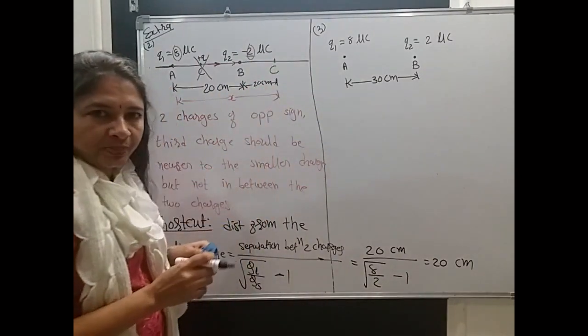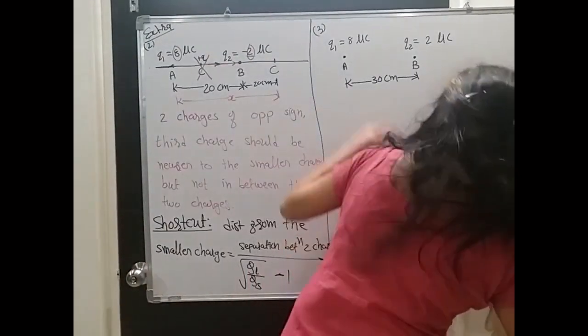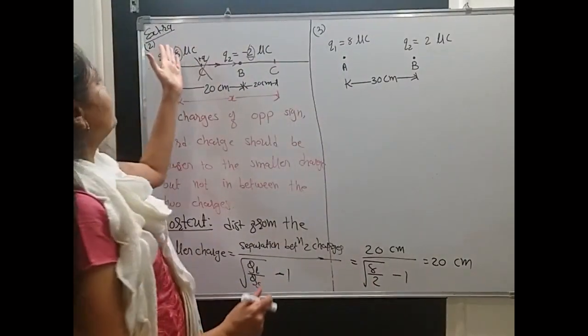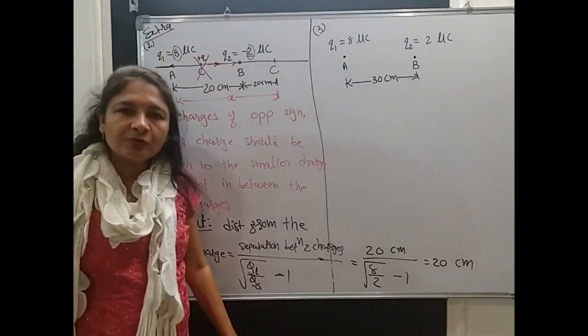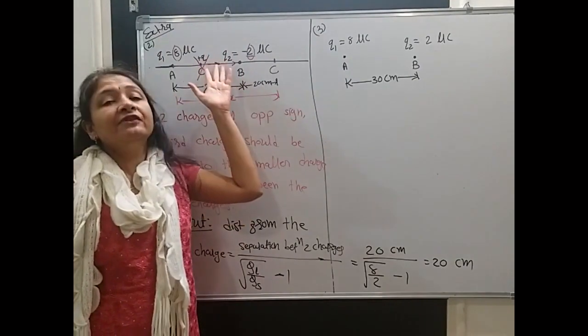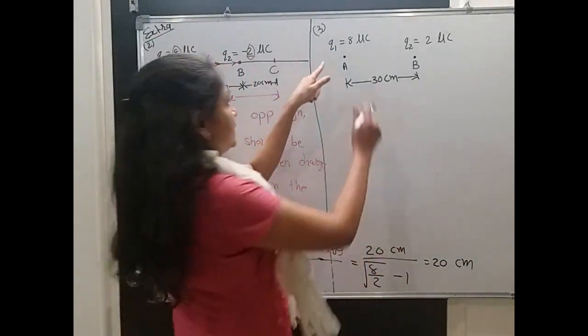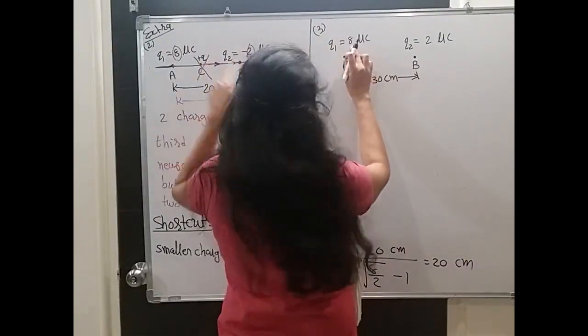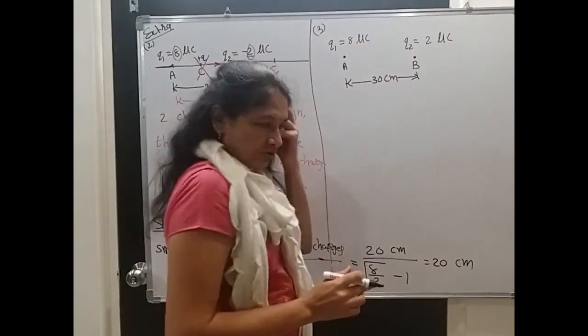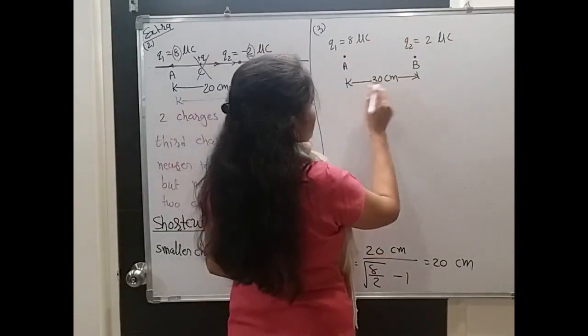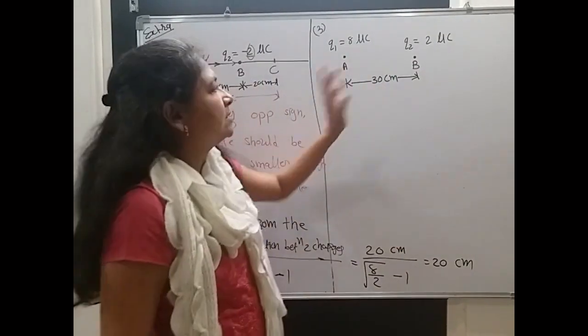Is it clear? Now this is the case when we have two charges of opposite polarity. What will happen if the two charges have the same polarity? Here I have taken the example Q1 as 8 microcoulomb, and the other is also positive. Both charges are positive. Let us say the separation is 30 centimeter.